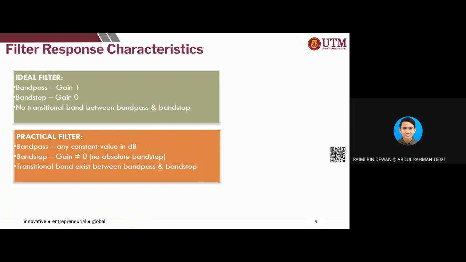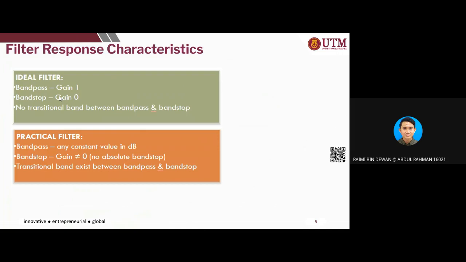So in the ideal filter, our pass band, here I think there is a bit of an error because I don't agree with the term. Within the pass band, not band pass, the gain is equal to 1, and in the stop band, the gain is 0. This is in the ideal filter.